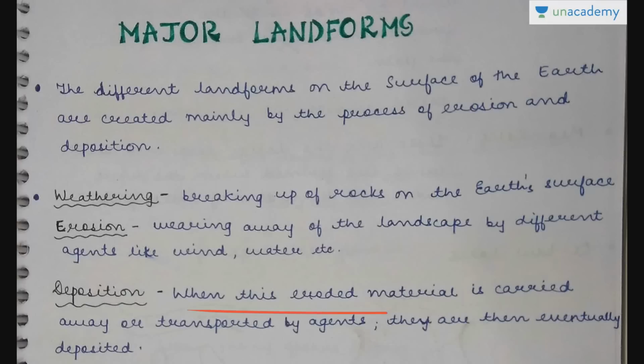When this eroded material is carried away by these natural agents, wind, water, whatever, it is then deposited eventually in some other area. That process of depositing the eroded materials is known as deposition. However, the process of eroding that material, the wearing away of those landforms, is known as erosion.